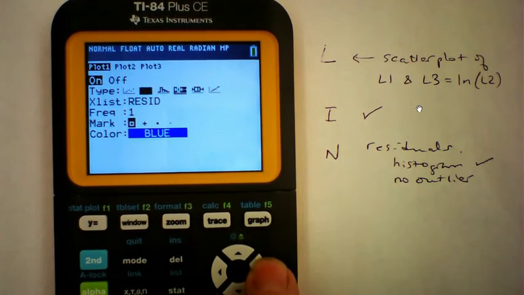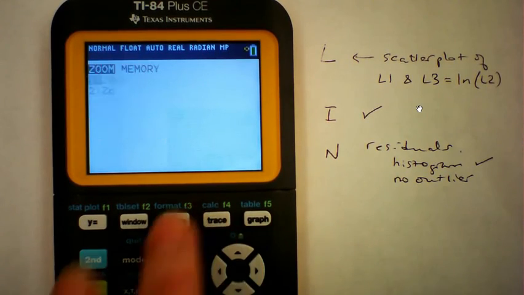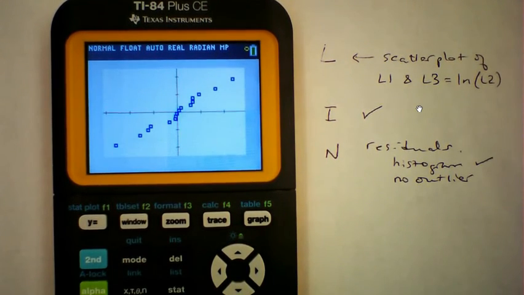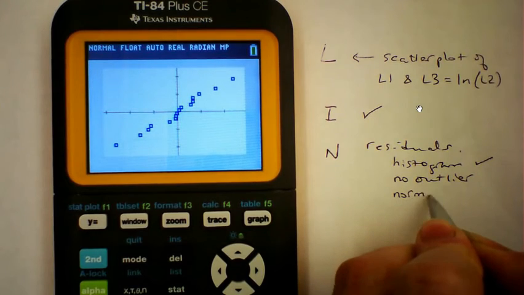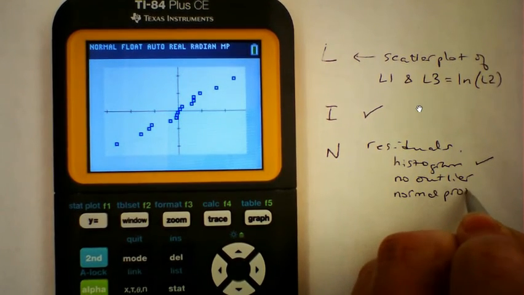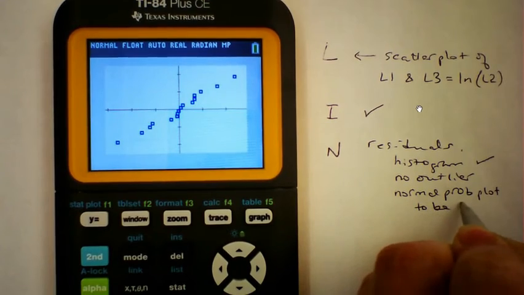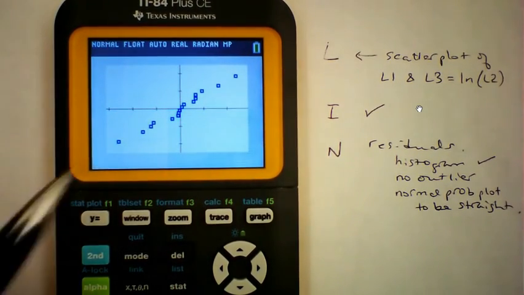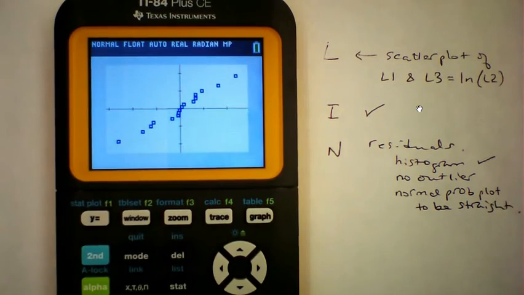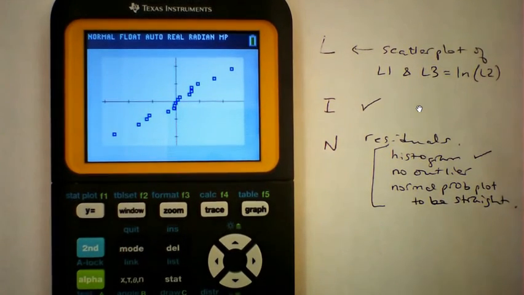So ZOOM 9, and that looks very straight, because remember we want the normal probability plot to be straight. With maybe a little blip in there, but I would say that fits the situation for the N condition.